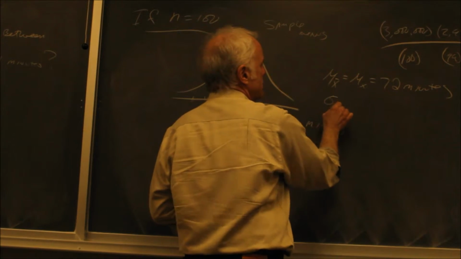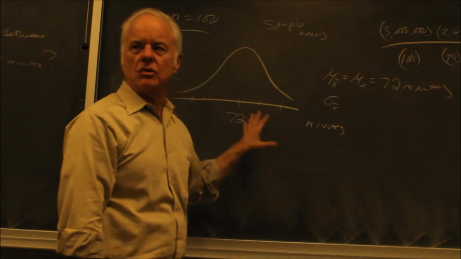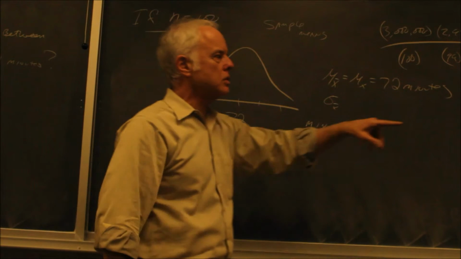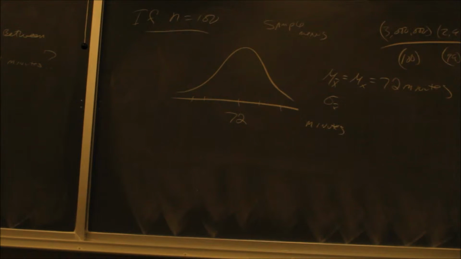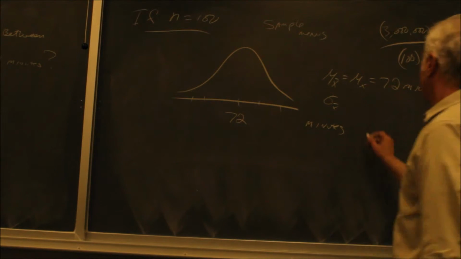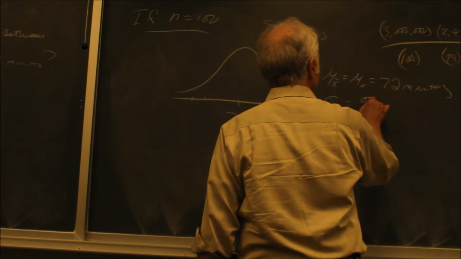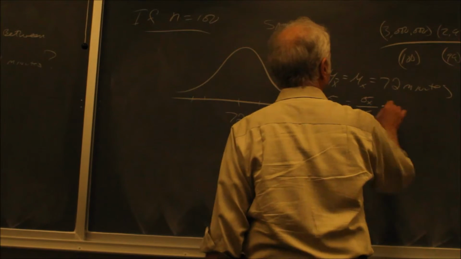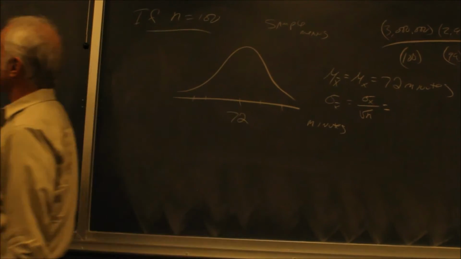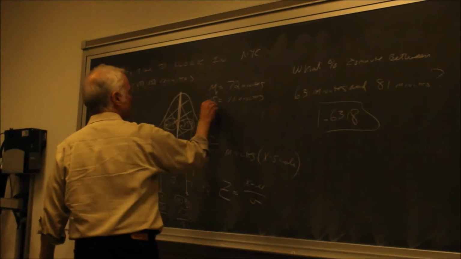And what's sigma sub x bar? What's the standard deviation of this distribution? It says sigma sub x bar is equal to sigma sub x divided by the square root of n. And what is sigma sub x? Here's sigma sub x.